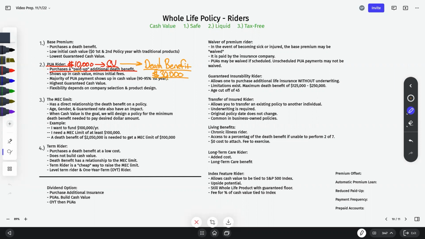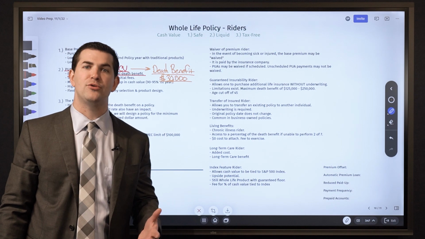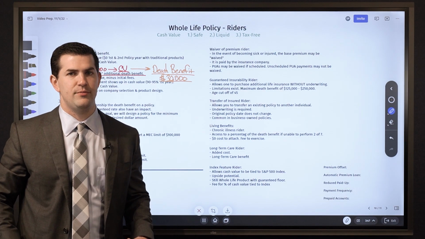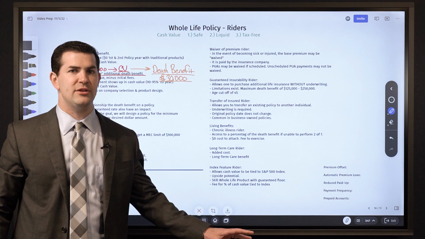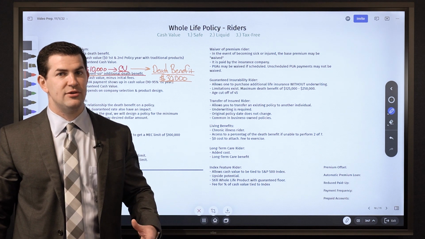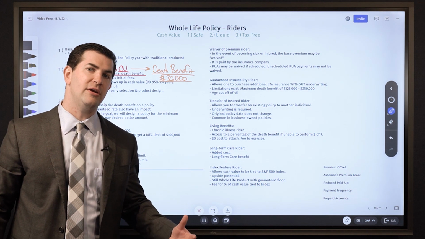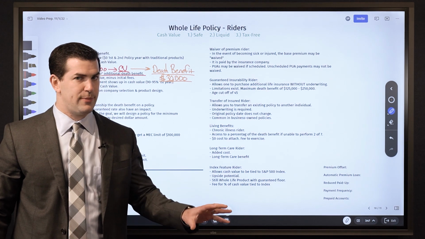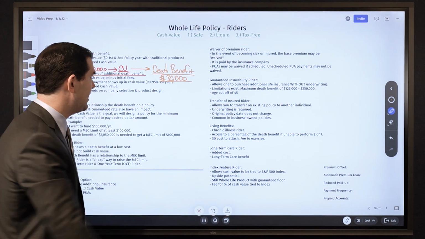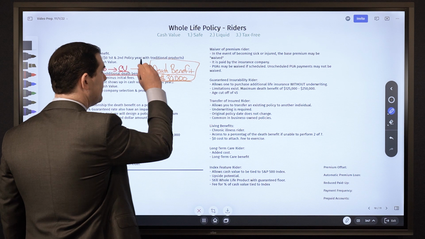And why the term paid up exists is because PUA payments are optional. They're very flexible. You can elect to make those payments or not make those payments. The dollar amount can vary each year, but once you make the payment, it does purchase you additional death benefit and it's paid up.